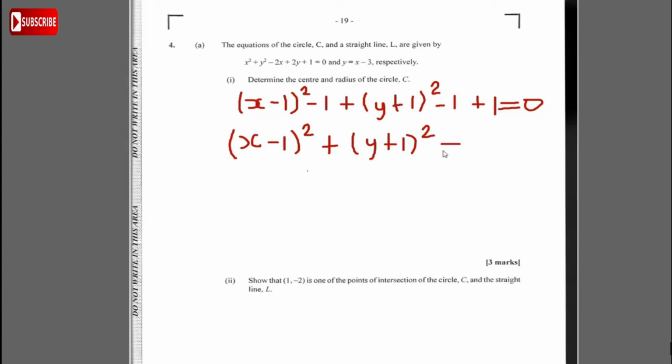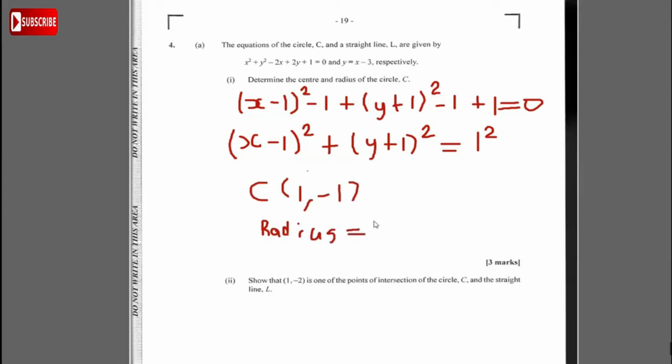So when you bring it over, that's equal to 1. And you can always write 1 as 1². And so the center is (1, -1), and the radius is 1. So the radius is equal to 1. Nice and easy, 3 marks.